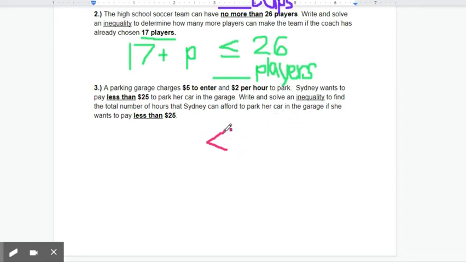So we need to make sure it is less than $25. Put the 25 on the right. Let's look for the other information in the problem. In order to get into the parking garage, you need to pay $5 to enter. So we'll put the 5 over here on the left side.